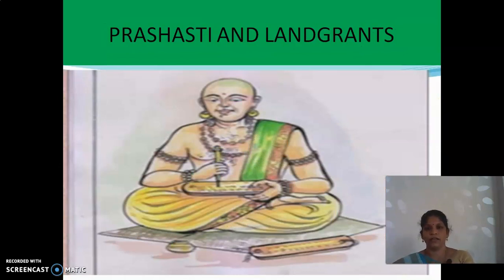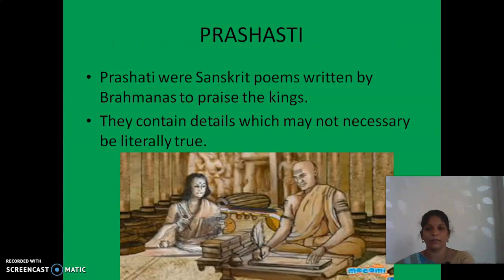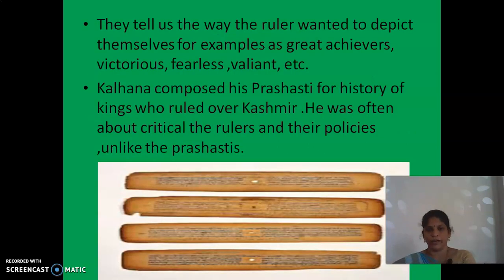Yes, children, the next one is Prashasti and land grants. What is called a Prashasti? Prashastis were Sanskrit poems written by Brahmanas to praise the kings. They contain details which may not necessarily be literally true, because they say a lot of things, so we take that they are not necessarily true. What information do we get from the Prashastis?